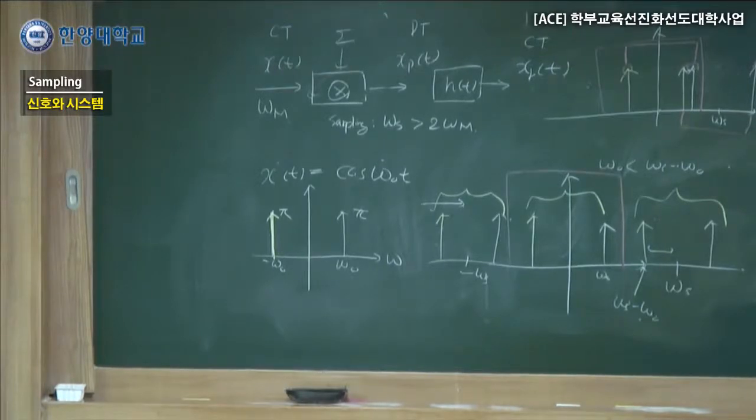In this case, as we increase omega m, the signal frequency, 2 times omega m becomes larger, but our omega s, the sampling frequency, is the same. So 2 times omega m becomes larger than omega s, and this one has an overlapping aliasing issue.